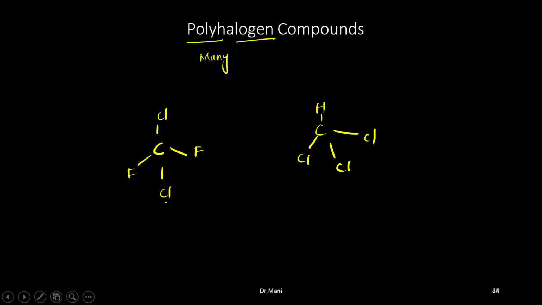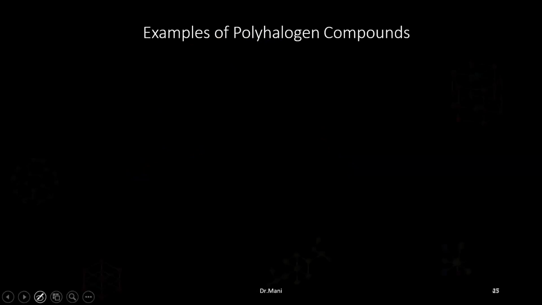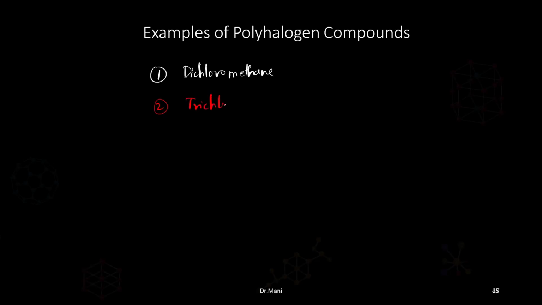So see a few examples of the polyhalogen compounds which are given in your textbook. Dichloromethane, trichloromethane, triiodomethane, tetrachloromethane. We'll be studying all of them. They are important.